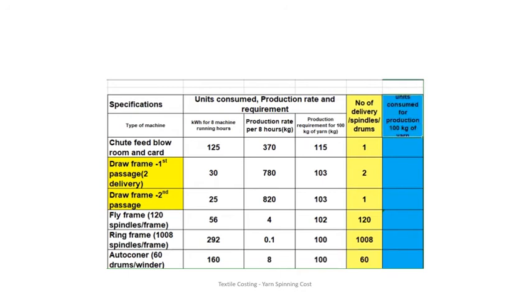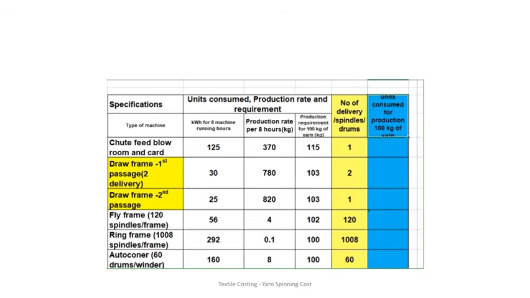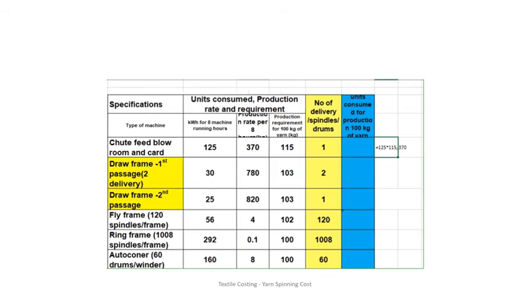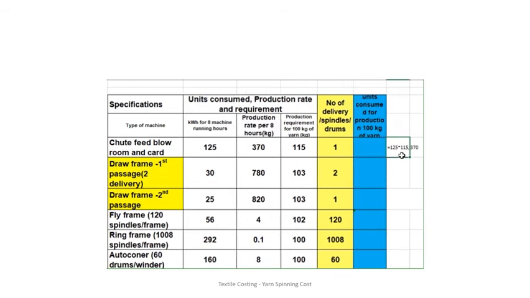So now let us calculate the UKG. UKG is nothing but the number of units consumed for production of 100 kg of yarn. We already saw the formula, so we know it already. I'm showing the data here. For the first one, it is 125, the units consumed, into the production requirement, divided by the production rate: 125 into 115 divided by 370.